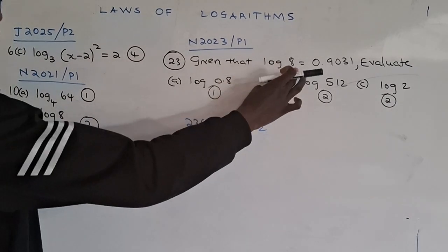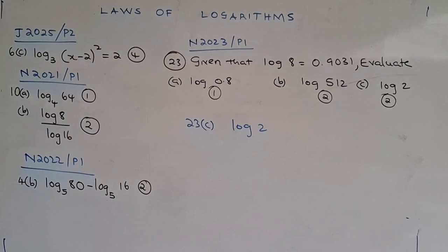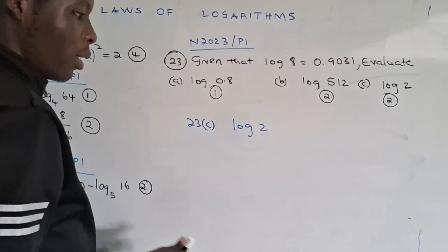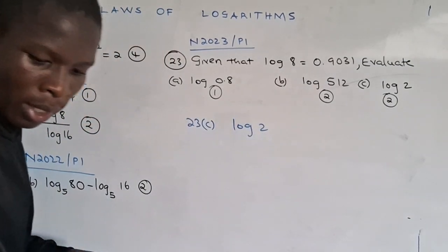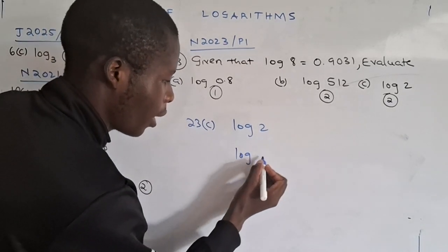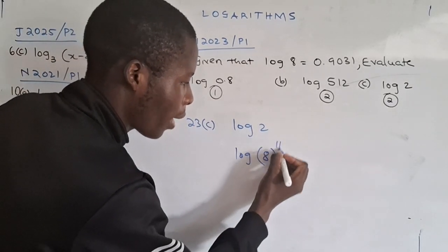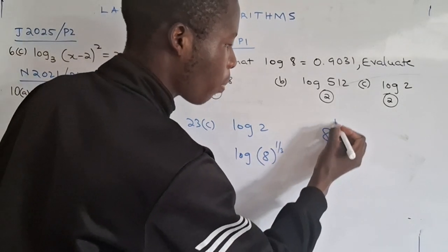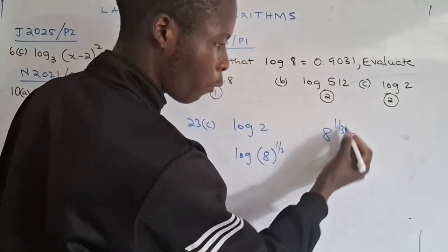You are given log 8, and here we have log 2. You are supposed to think, how can you get 2 from 8? See, this is nothing but log 8 to the power 1 by 3. These are laws of indices.